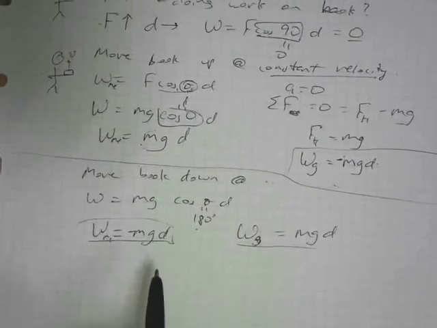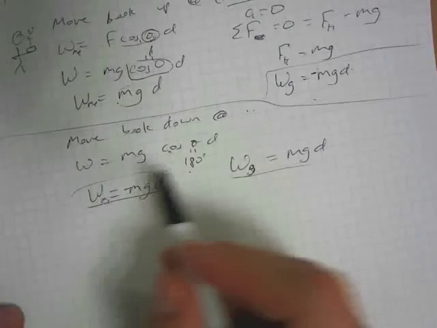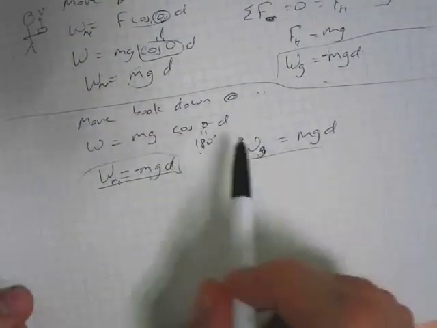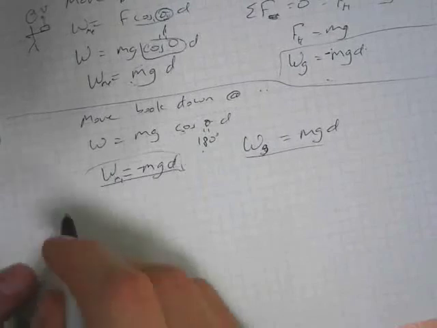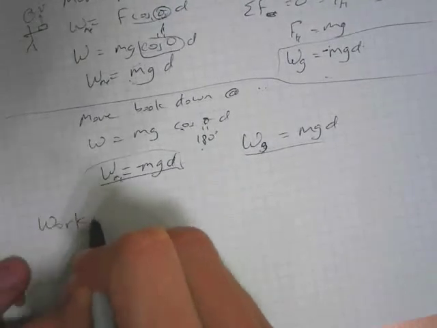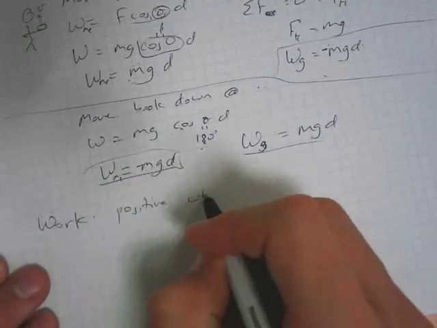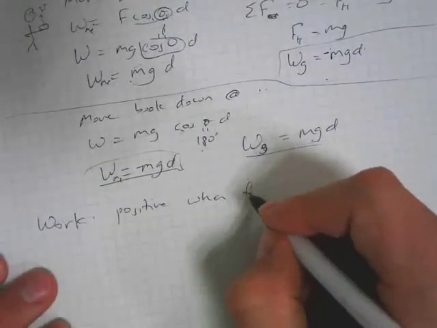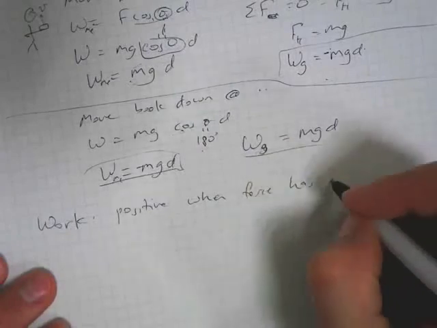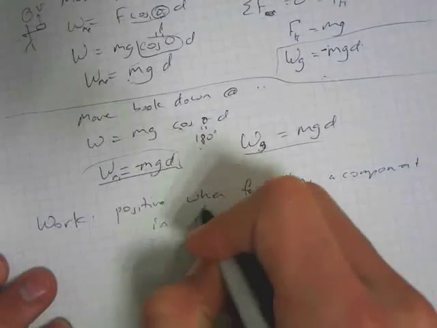So now, another way of looking at this, another application of this cosine theta, is that work is positive when force has a component in the direction of motion.